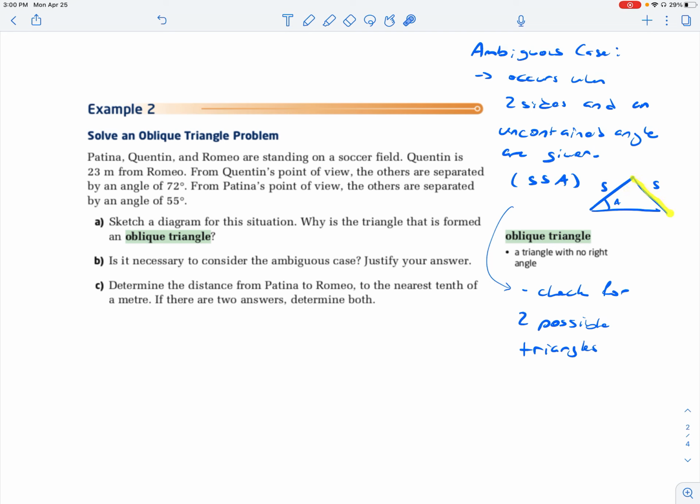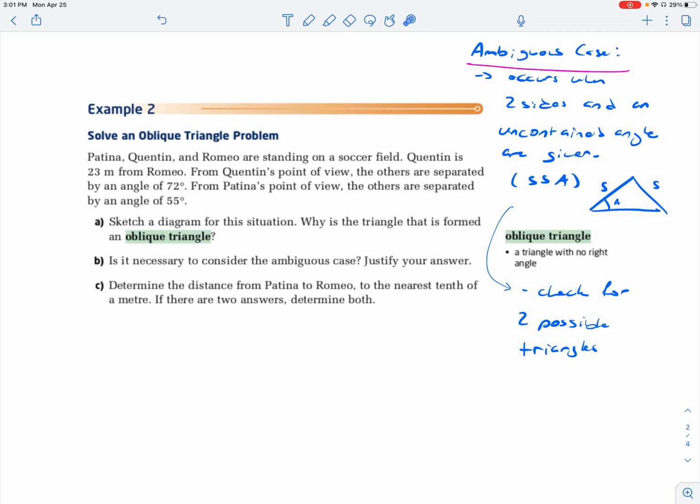So when you draw this length, you're kind of making a guess where this is. You're also making a guess on this angle. Think of this as a door on a hinge, and the hinge is right here. This can pivot and swing, and it's possible that this length could swing somewhere out over here, and then we end up having a smaller version of the triangle. We'll see examples of this when it comes up. For now, what we need to know is that the ambiguous case happens whenever we're given a side-side-angle. If we are, we'll need to make sure that we draw both triangles that represent the information.